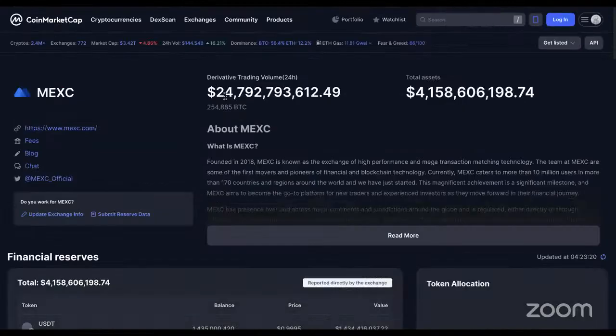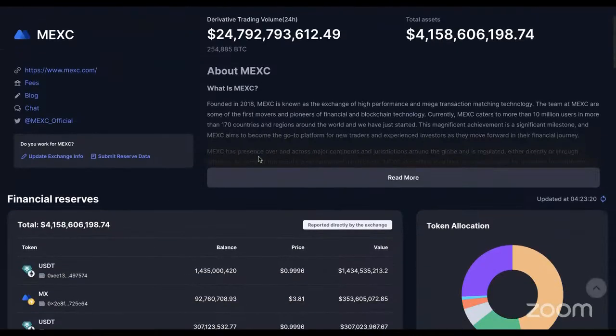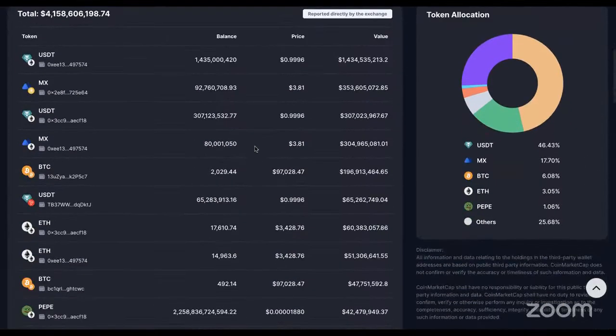If you open MEXC, it tells you MEXC was founded in 2018. That's not the information we are looking for. MEXC has a reserve of USDT, 1.4 billion, or is it 4 billion? They have MX of $92 million. They have USDT on Ethereum of $307 million.